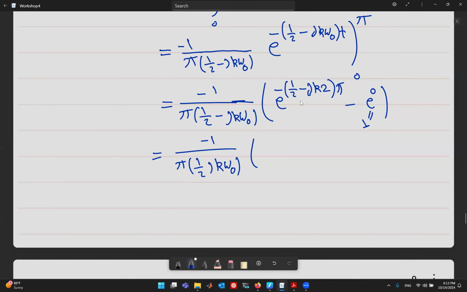If we split those two terms, it will be exponential minus 1/2 times pi, exponential minus pi divided by 2, times exponential j k 2 pi, minus 1.